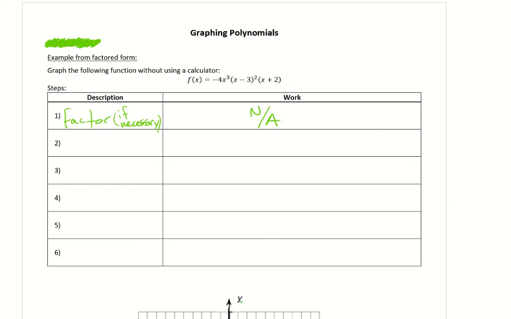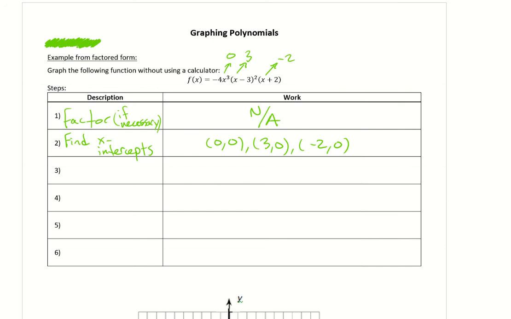And then the second step is to find the x-intercepts, or the zeros. Looking at this equation, the 0 here is negative 2. This one is positive 3. And then this one is just 0. Those are my x-intercepts, so I'm going to mark them down as (0, 0), (3, 0), and (-2, 0).